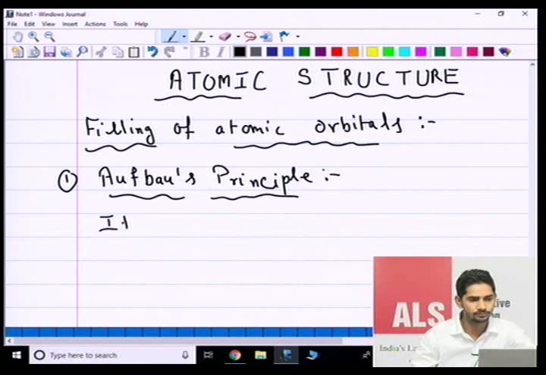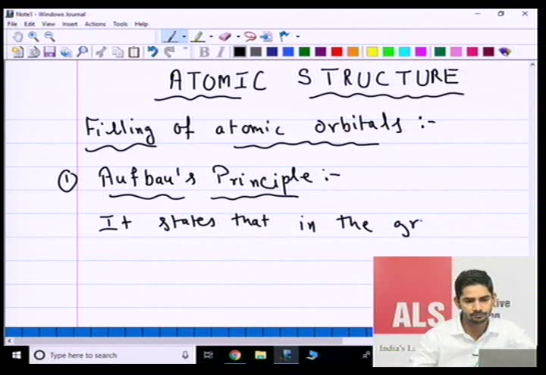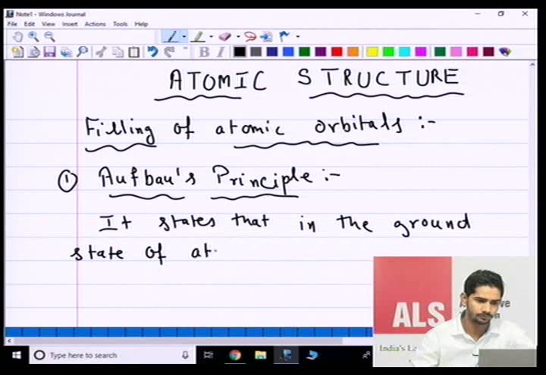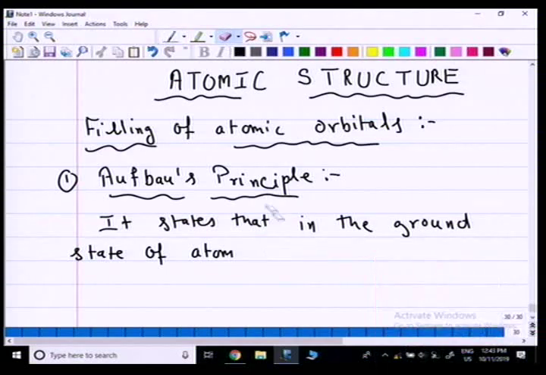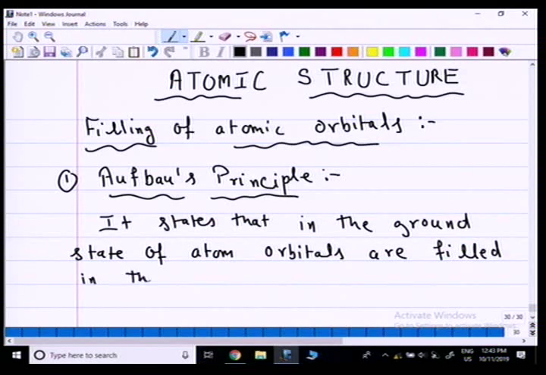It states that in the ground state of an atom, orbitals are filled in the order of increasing energies.